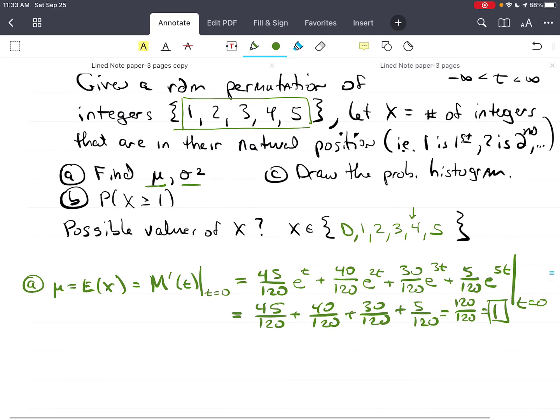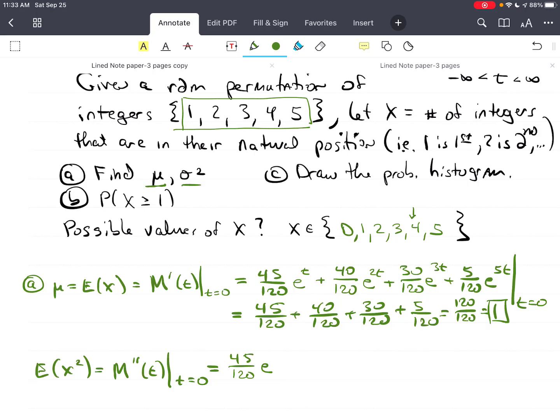Now we want the variance. So to find the variance, we first need the expected value of x squared, which is the second derivative of m with respect to t, taken at t equals 0. So we're going to take the derivative of the first derivative, and we end up with 45 over 120 e to the t plus 80 over 120 e to the 2t plus 3 times 30 is 90 over 120 e to the 3t plus 25 over 120 e to the 5t.